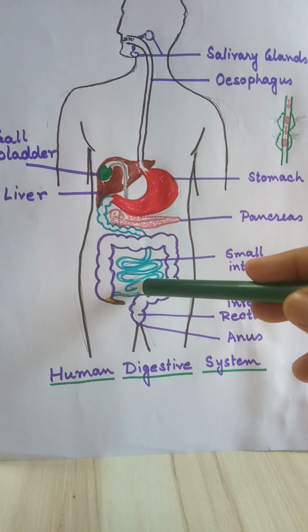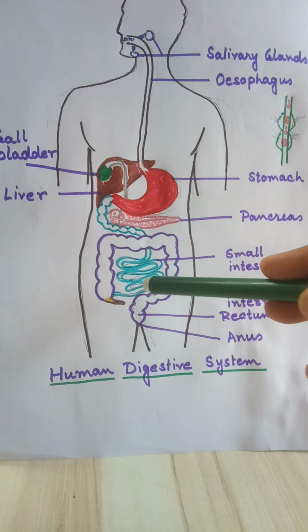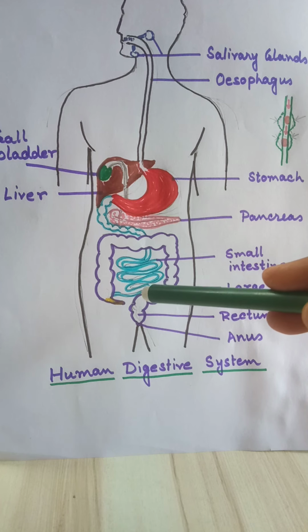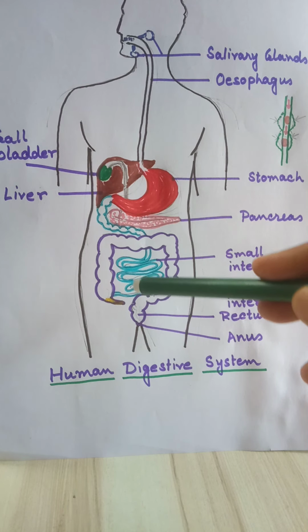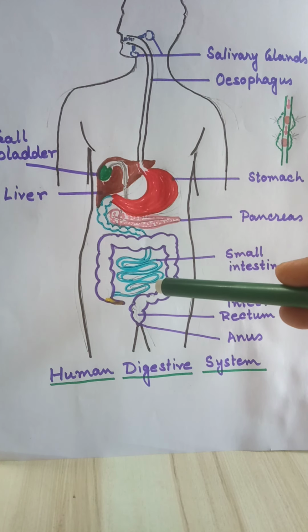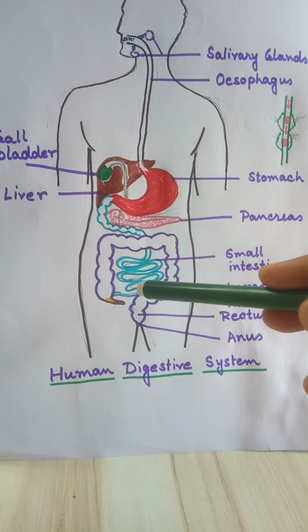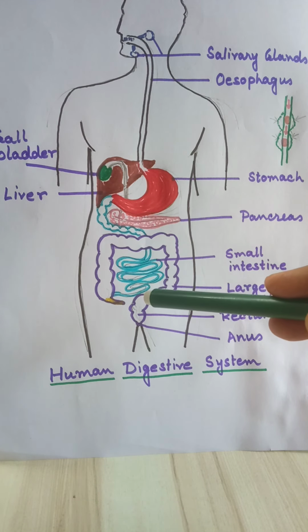The walls of the small intestine have thousands of finger-like outgrowths. These are called villi, singular is villus. Now, as these are finger-like outgrowths, they increase the surface area, and on the surface they have numerous blood vessels. So the digested food from the small intestine enters into the blood. That is what we call absorption.